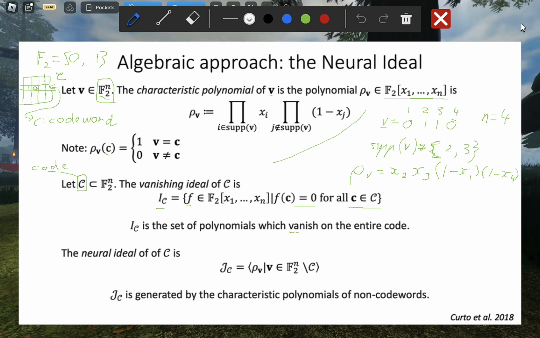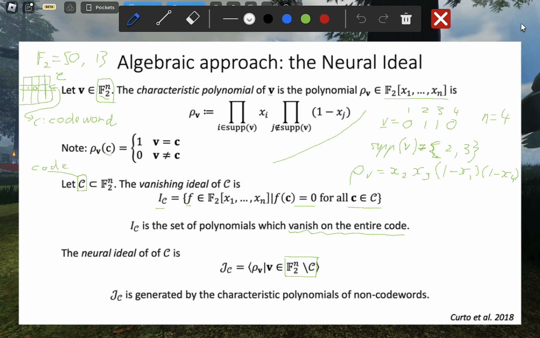And so it sort of vanishes on the entire code. And then the neural ideal is just the characteristic polynomials for this. So you can say that J sub c is generated by the characteristic polynomials of the non-code words.